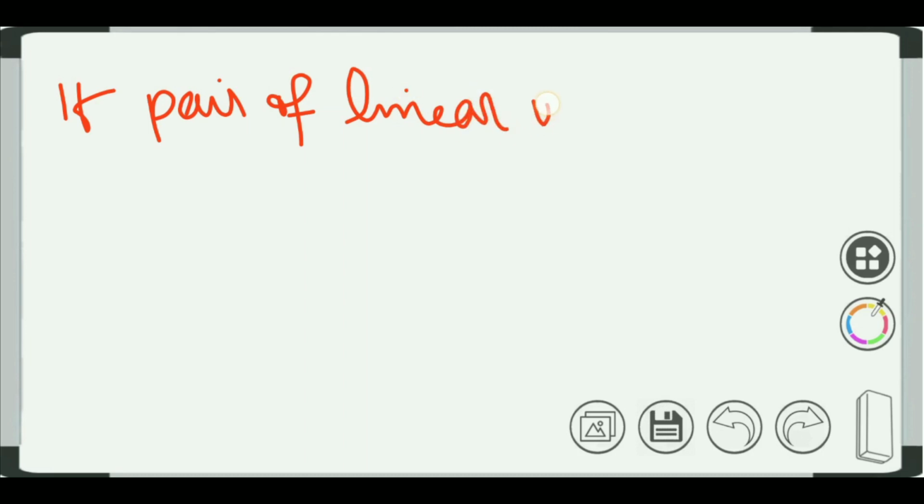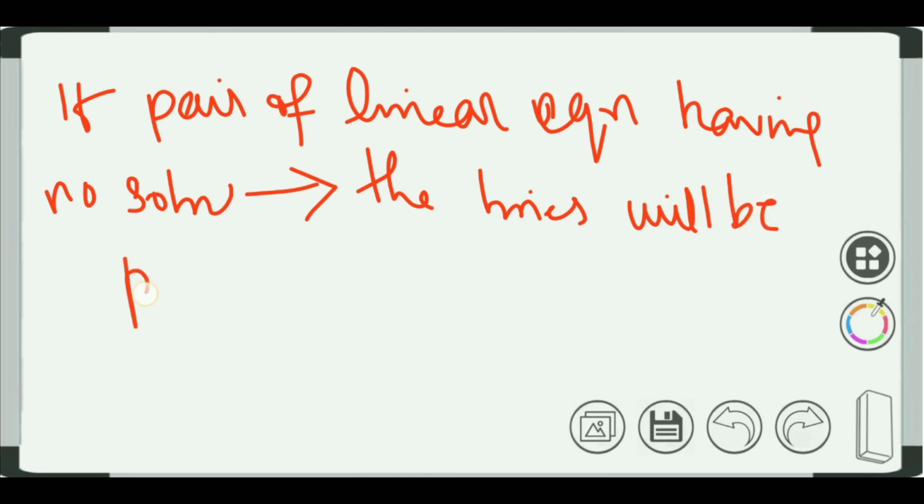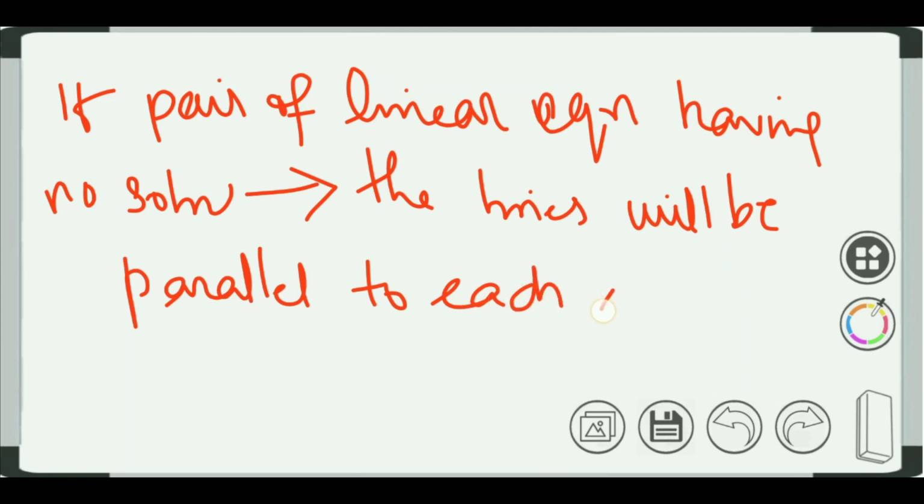You can note it down. If a pair of linear equations having no solution, then the lines will be parallel to each other and they won't intersect at any point.